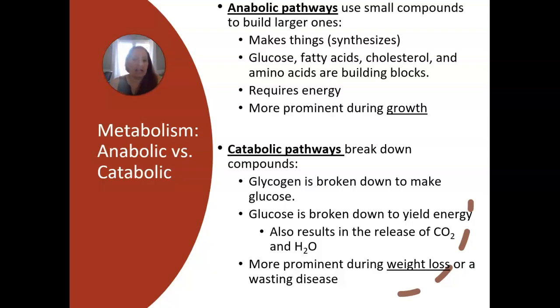Glucose, fatty acids, cholesterol, and amino acids, they're all building blocks for anabolic pathways. These types of metabolic processes where we're building larger molecules from smaller ones are going to require energy. And oftentimes that energy comes from the reverse process, which is called the catabolic pathway.